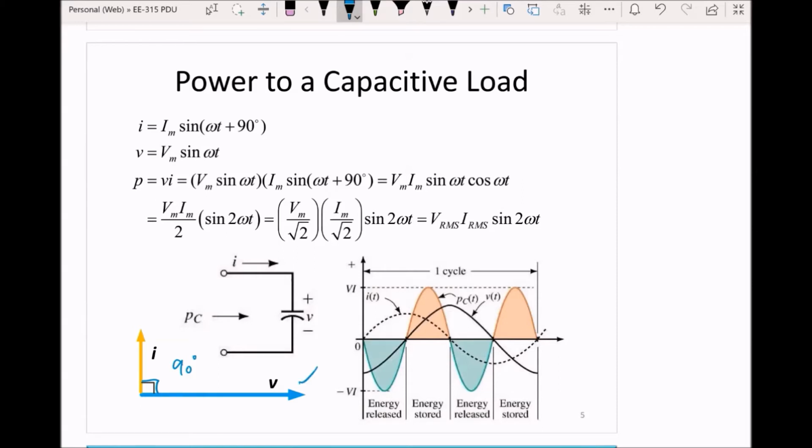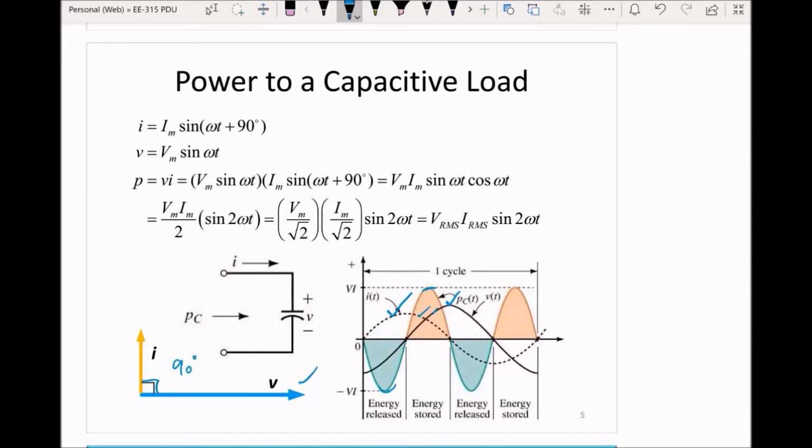And again, the idea of instantaneous power is the same as for the inductive load, but the only difference is that the current leads the voltage in a pure capacitive circuit. The same will happen: for both positive values of current and voltage, the power will stay positive, and for one negative value it will become negative. The negative power means the power is being released, and for the positive power, at that time the power is being stored by the load.